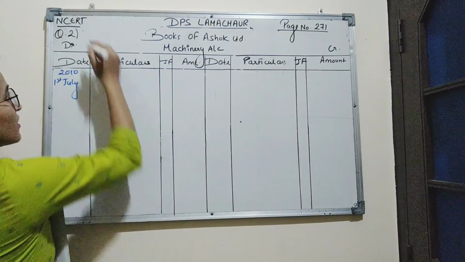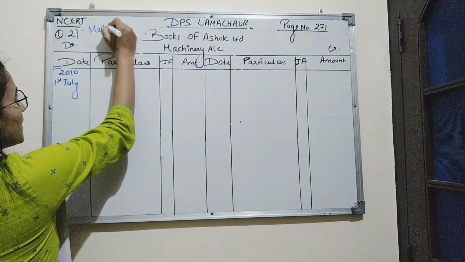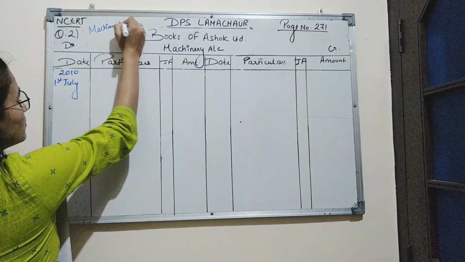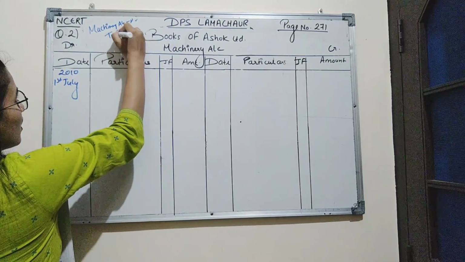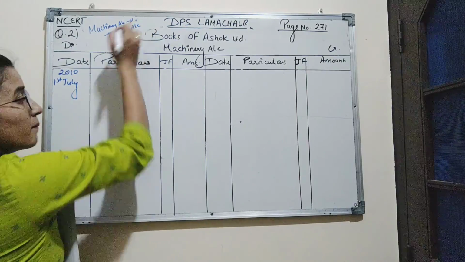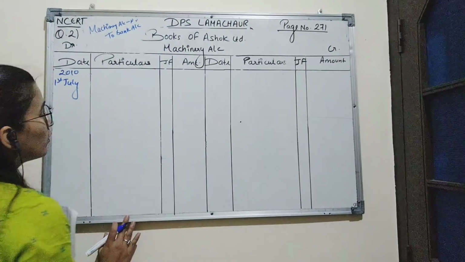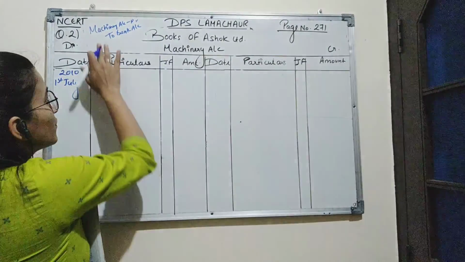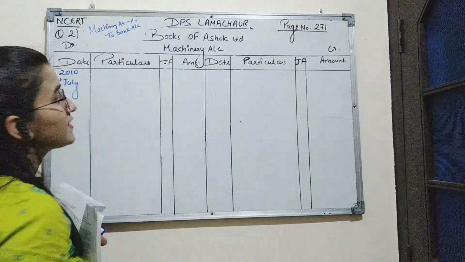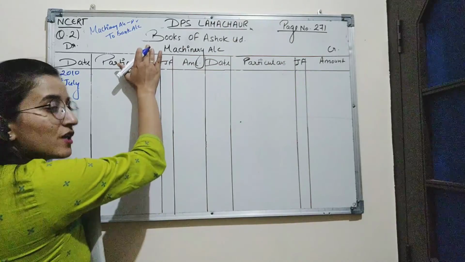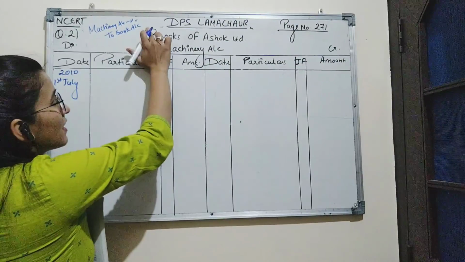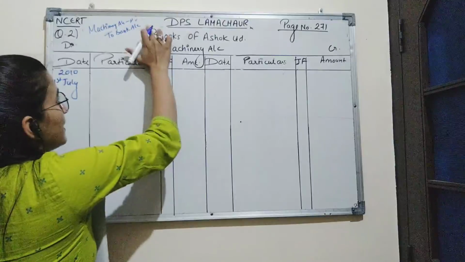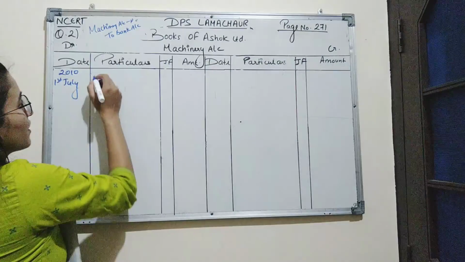The entry for purchasing machinery will be machinery account debit to bank account. While posting the entry from journal to ledger, we post it on the opposite side. That means if machinery account is debited and bank account is credited, we will debit bank account in machinery account.